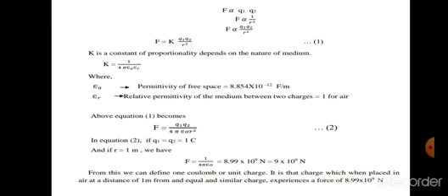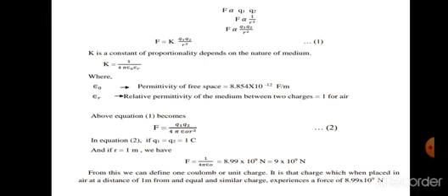So this we have seen. The first thing we studied is that force is directly proportional to the magnitude of the charges, that is Q1 into Q2, and it is inversely proportional to the distance. So consider the charges Q1 and Q2 are placed at a distance of small r.